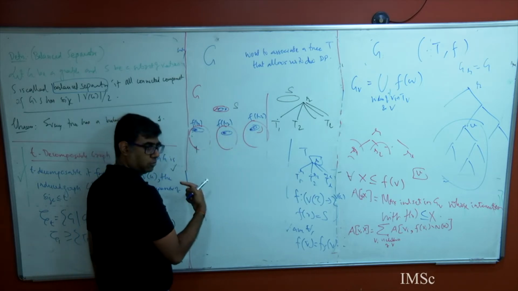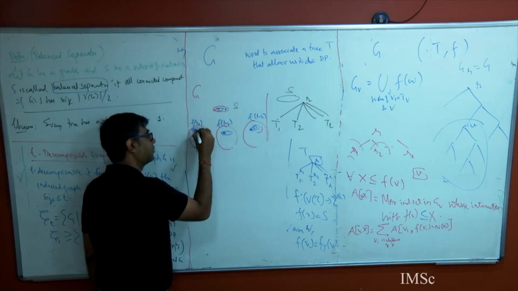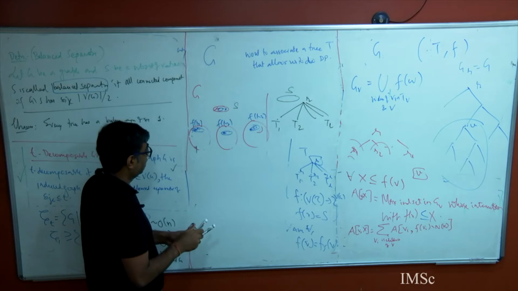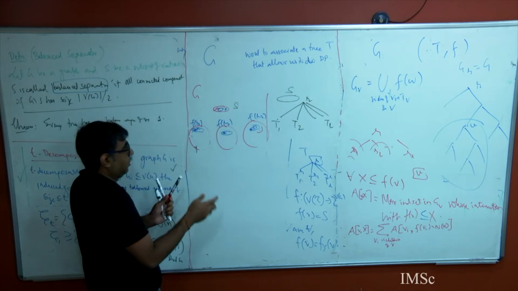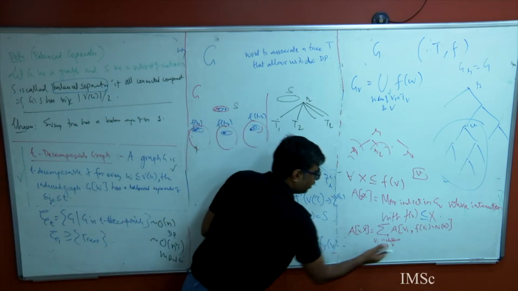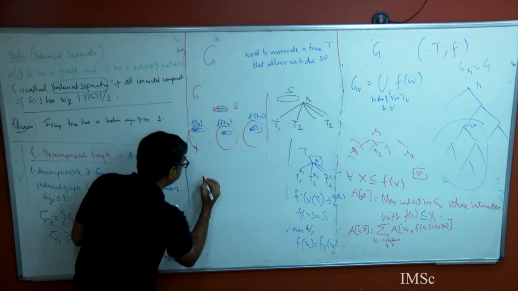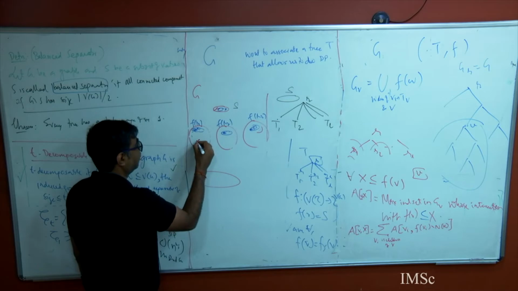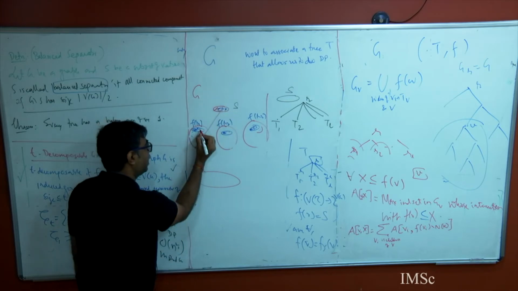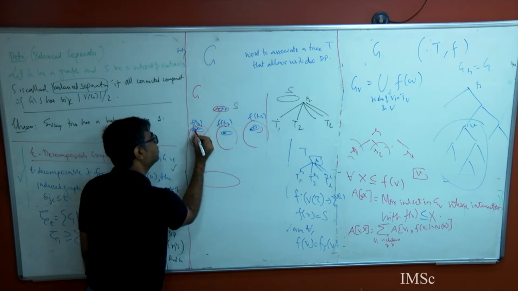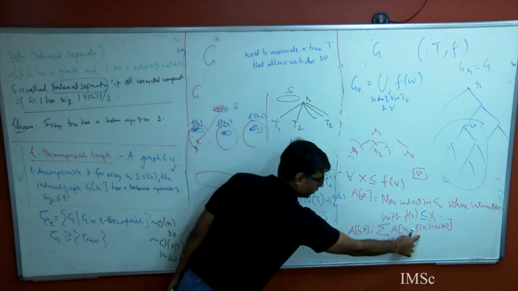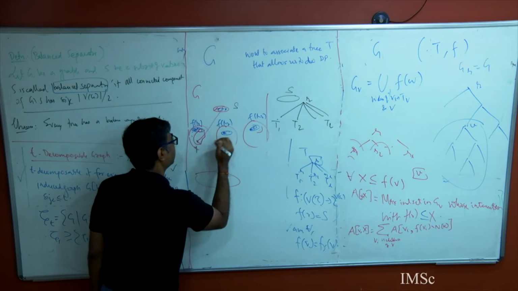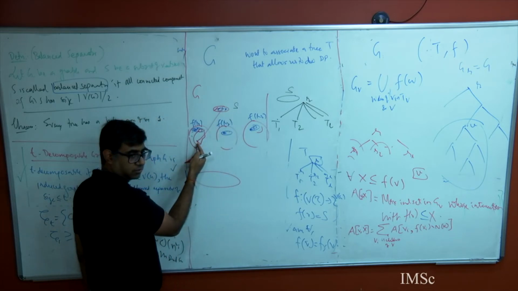How do I know that all the neighbors of x are present here? Who guarantees you this? Look at what this tells you. F of vi is this subset, but x could have neighbors here. Now when I look at the independent set which does not contain this, because this is what I wrote here, then I can contain some vertex here and some independent set here which could be a neighbor to x.